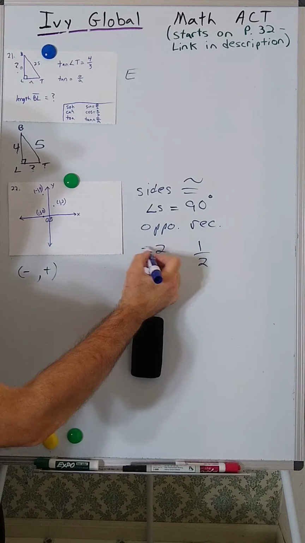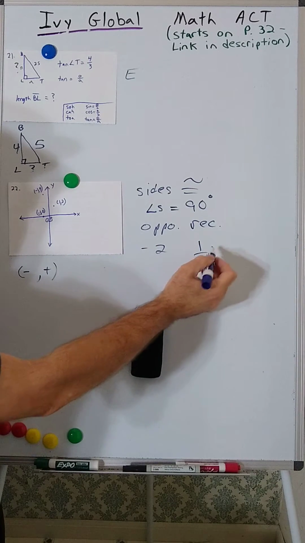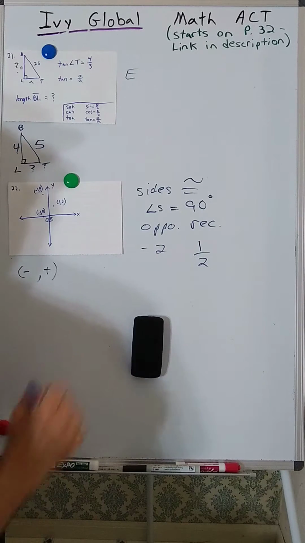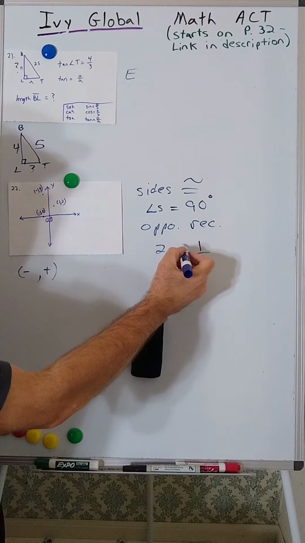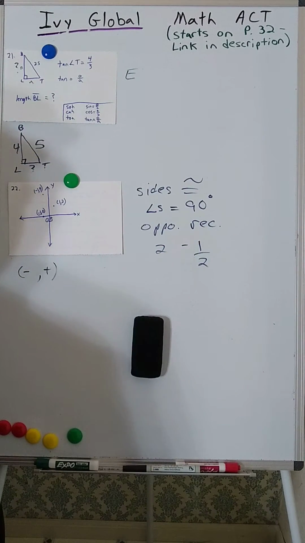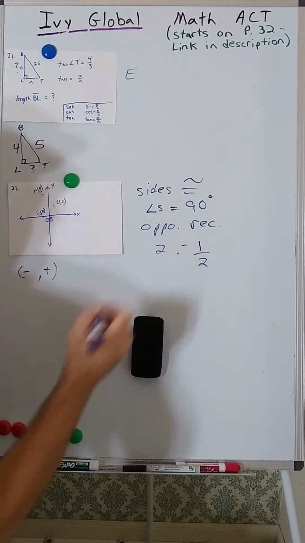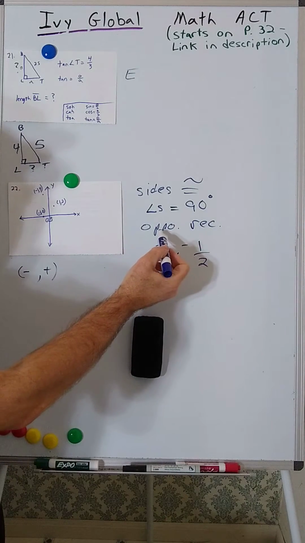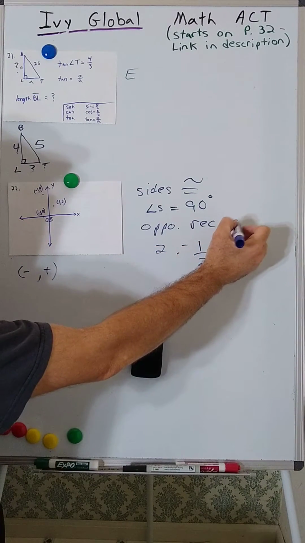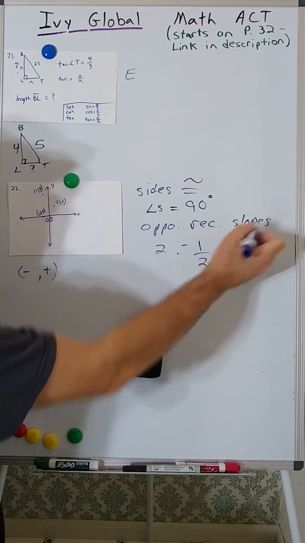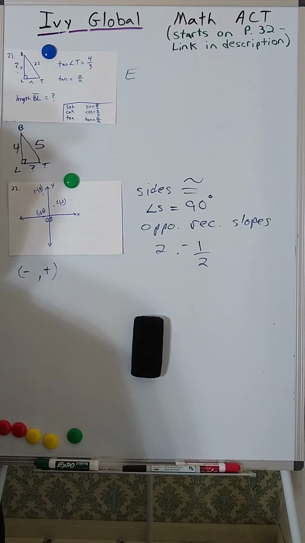So one of these would have to be negative. So negative 2 times 1/2 is negative 1, or 2 times negative 1/2 is negative 1. These numbers are opposite reciprocals. Another way of talking about opposite reciprocal slopes is if the product is negative 1.